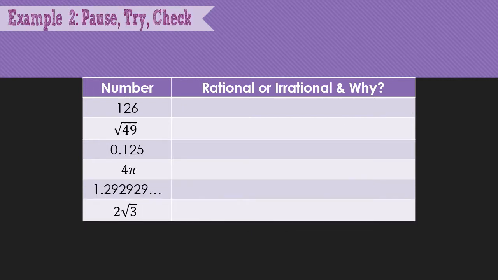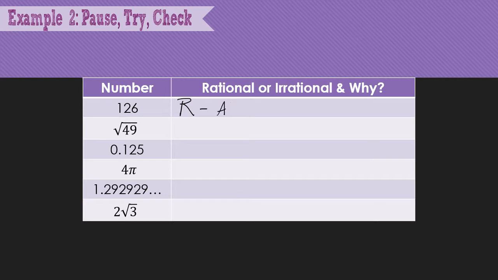All right, so this next example, this would be a great time for you to pause, try these on your own, and then come back to check your work. So the first one, the number 126, that's a great rational number. Any integer, whole number, those are all rational numbers.